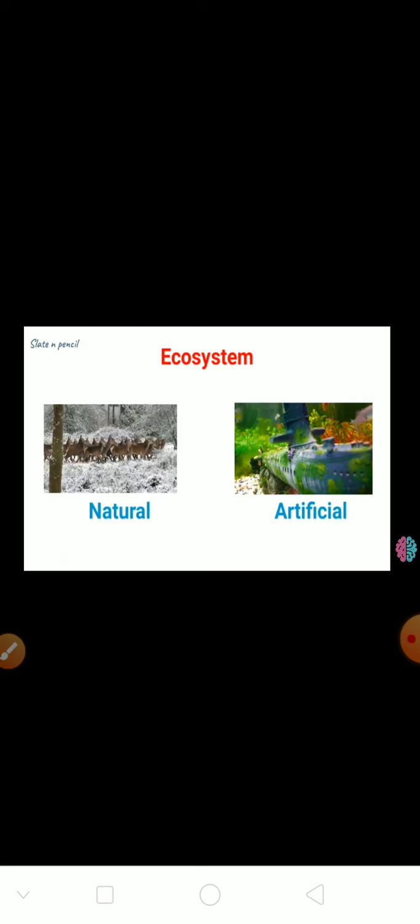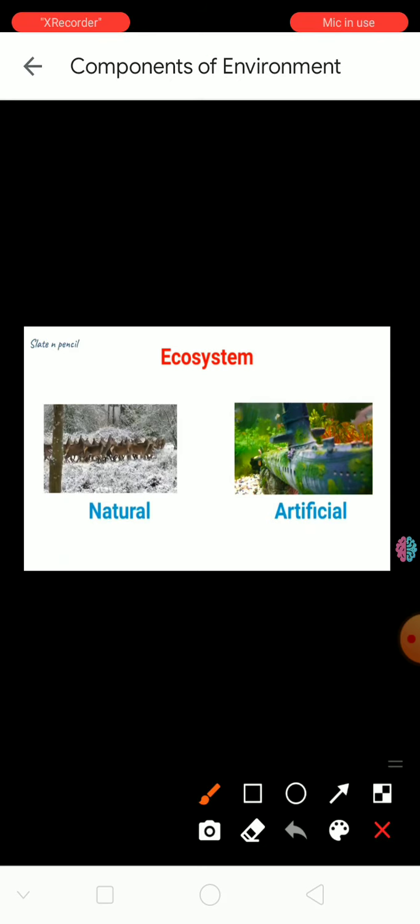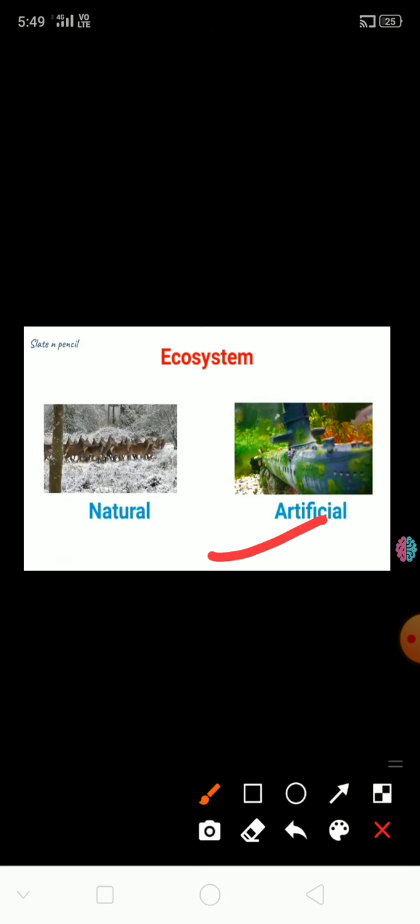For example, an aquarium is an example of an artificial ecosystem.